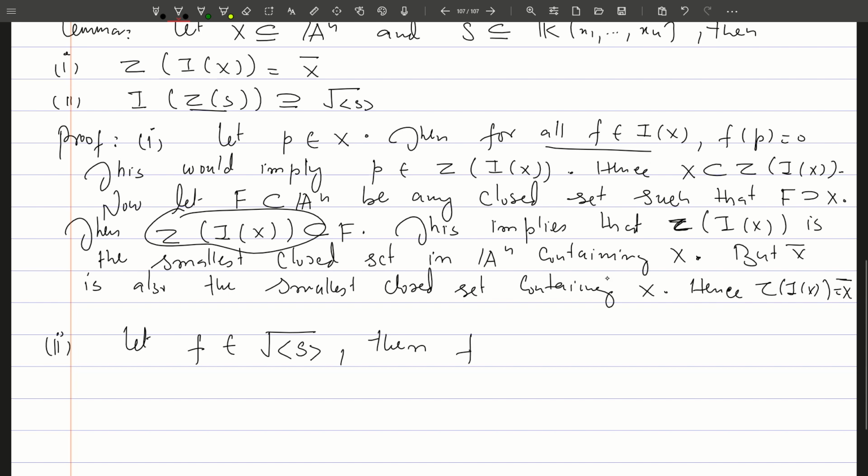So then F to the power R is in the ideal generated by S for some positive integer R.